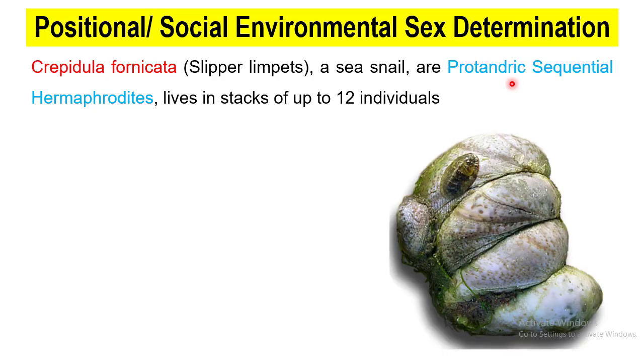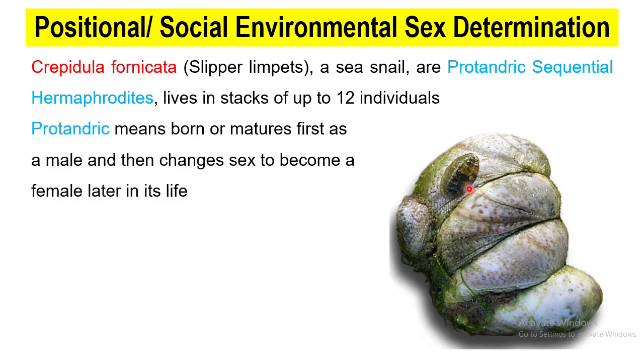This is actually the image of the slipper limpet, how they live in stacks. The term protandric means that these limpets are first born or mature first as a male, and then they change sex to become a female later in life. Whenever we use the term hermaphrodite, that means the organism you are talking about has both male and female characteristics.